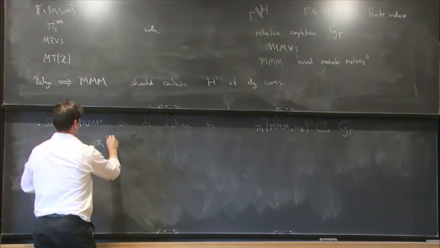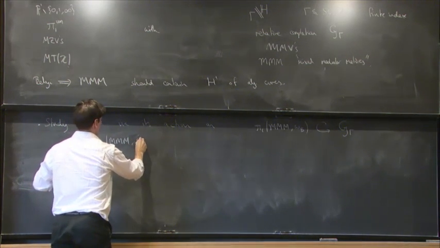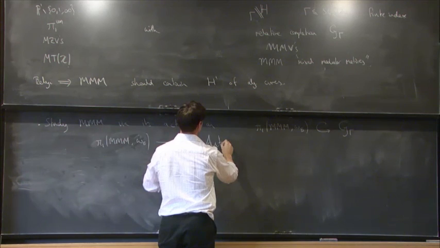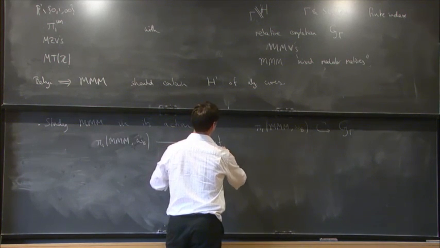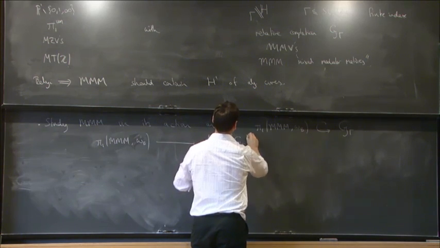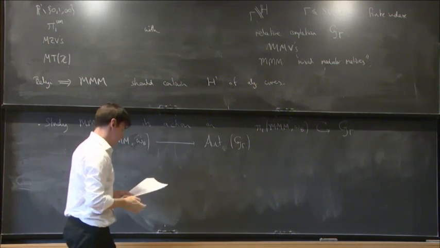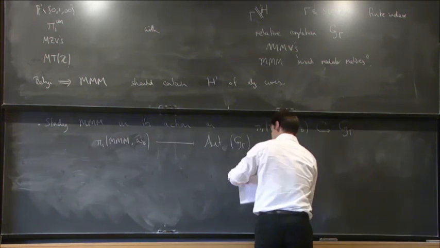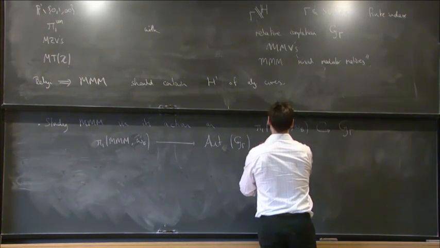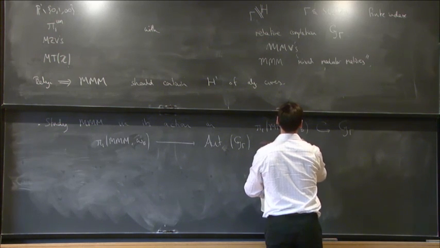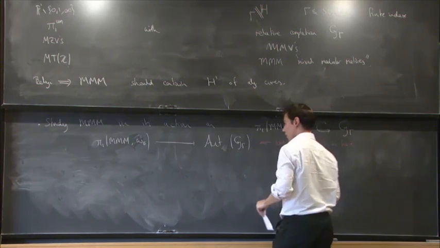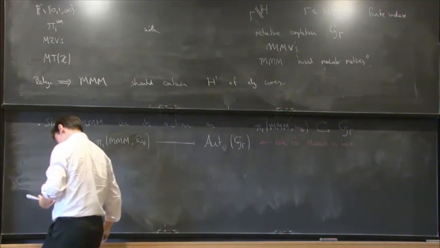And so we get a map from pi1 of MMM, whatever that is, into a certain group of automorphisms, more on that later. And again, you want to try to understand constraints on this automorphism group. And the goal is to look for interesting elements in this group that will tell us about this category.